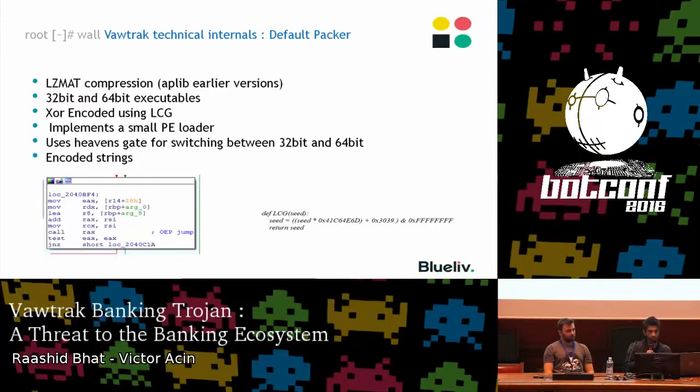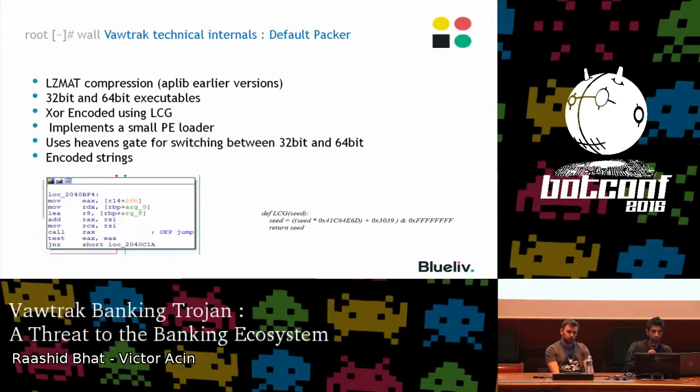And apart from compression, it also uses XOR encoding. So after compression, XOR encoding is used to reveal the real executable, which is either 32-bit or 64-bit, based on the LCG algorithm. And to load it into another process, it uses a small PE loader to fix the imports and fix the region in the foreign process.